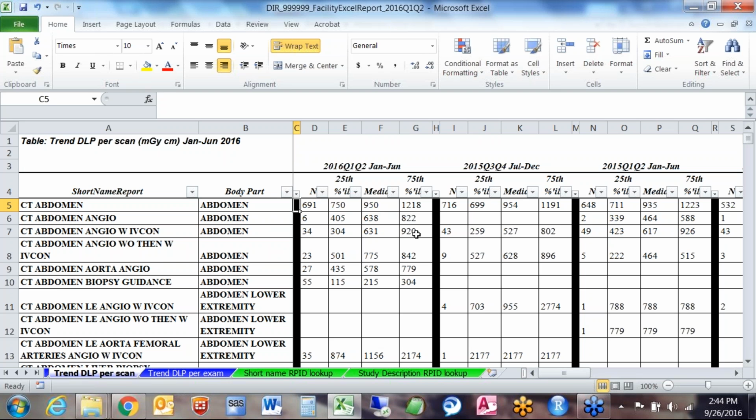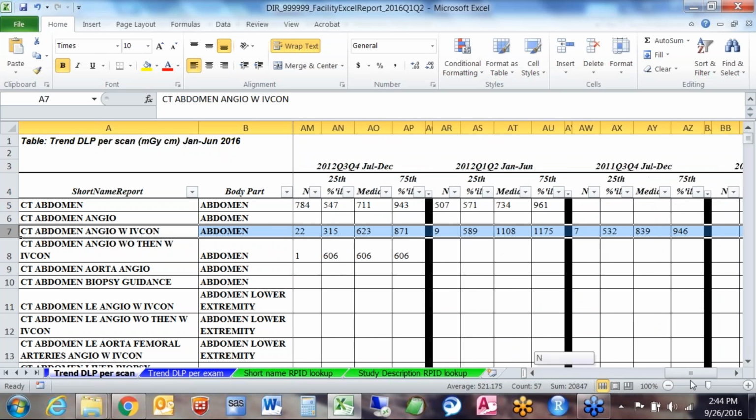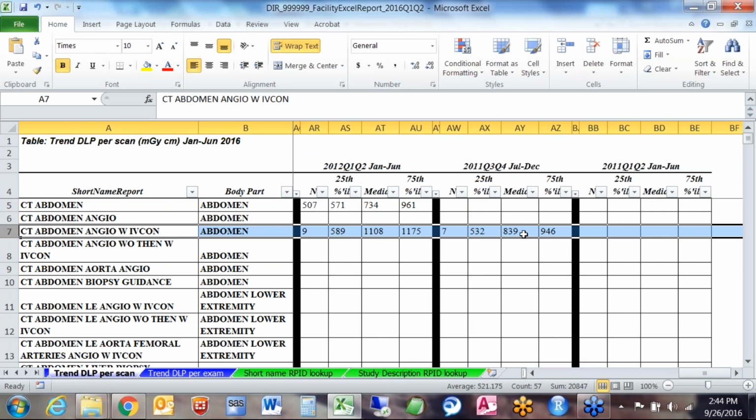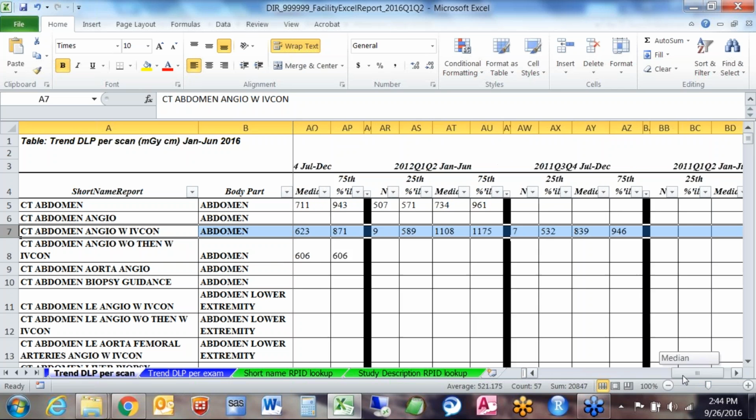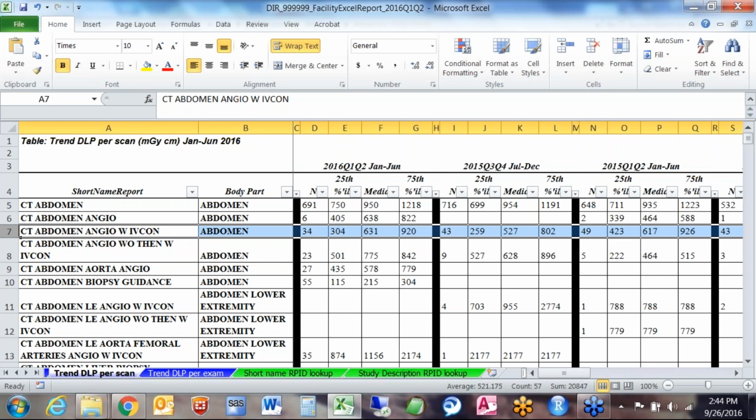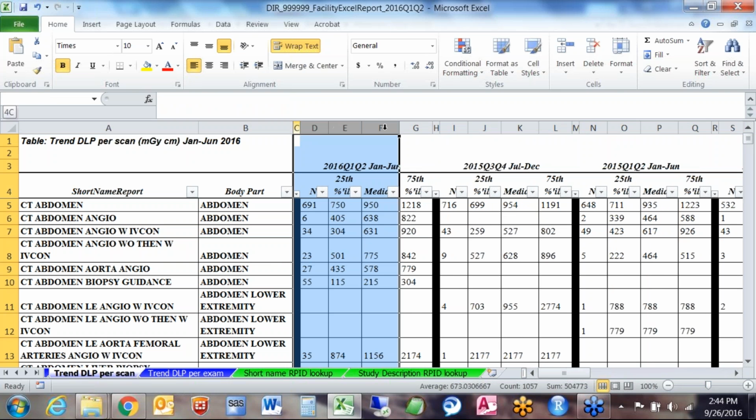So for example, you are changing your protocol for CT abdomen angio with IV contrast, and you can see the last one is the first period that you submitted your values to DIR, and the first one is the most recent period.